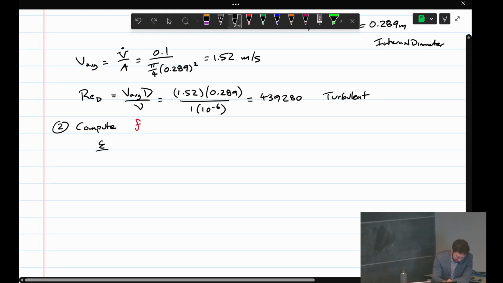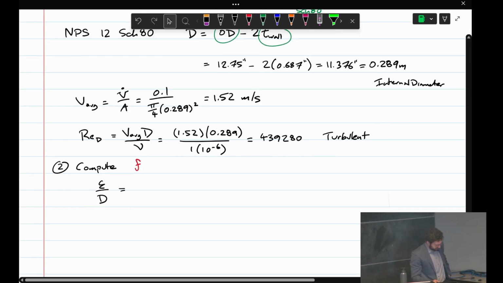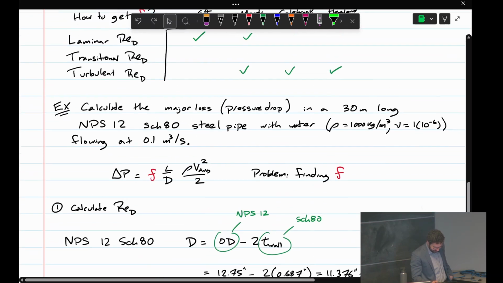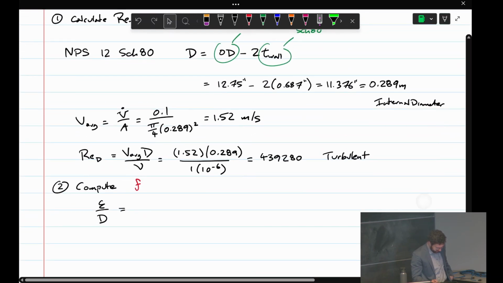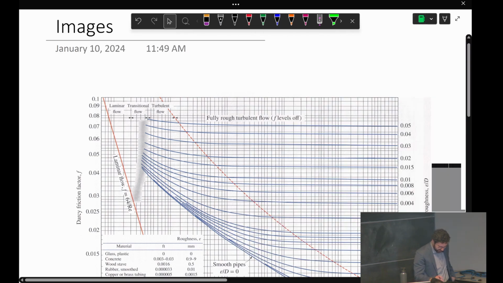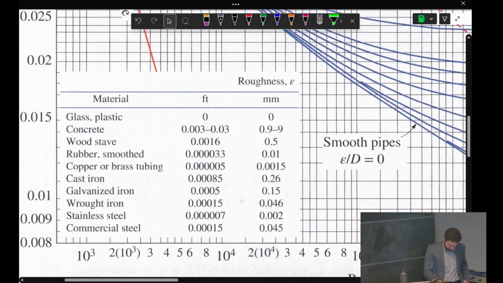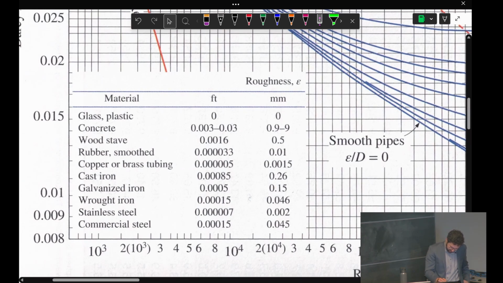So we need to get epsilon over D, our relative roughness. So in the question we specified that this was steel pipe. The Moody chart is very handy because it gives you relative roughness values for different types of pipes. So see this here, commercial steel.